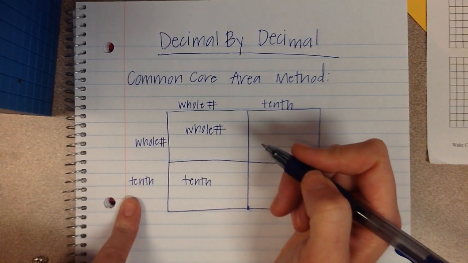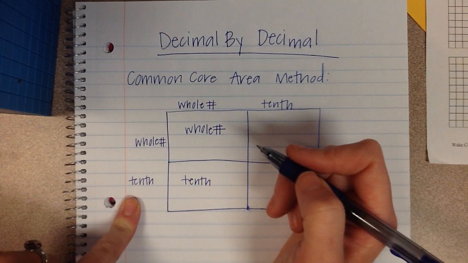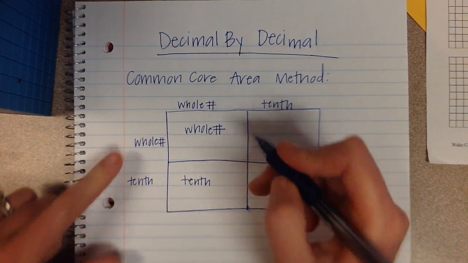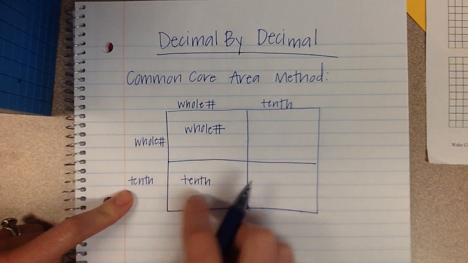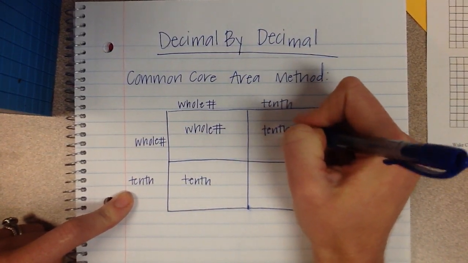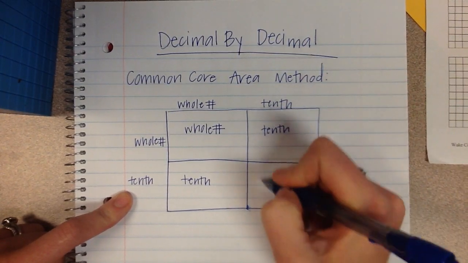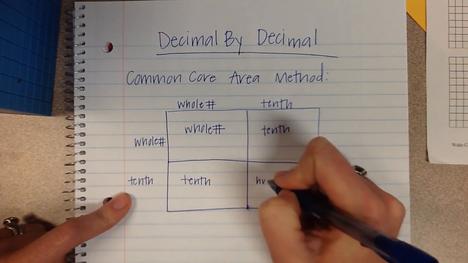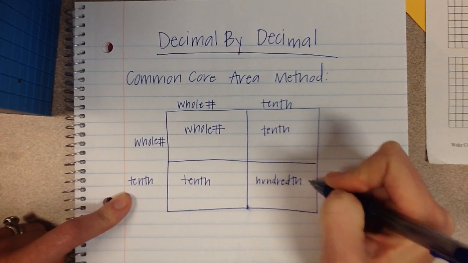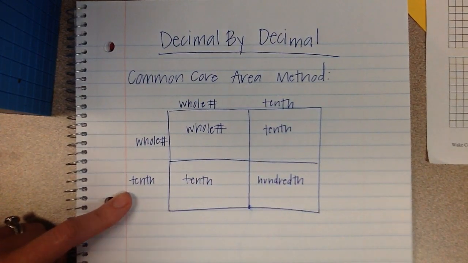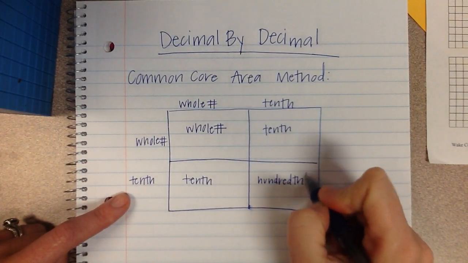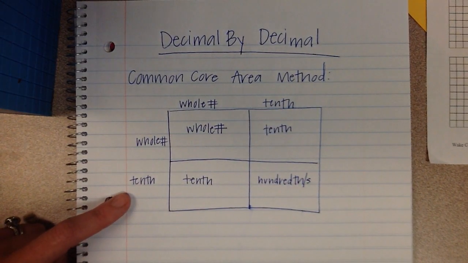And that's because we're going to be using one decimal place. So one decimal place equals a tenth. Same thing for here, whole times tenth equals tenth, so this is going to be a tenth too. And then a tenth times a tenth is going to get you a hundredth. Okay, so it's going to get you hundredths.